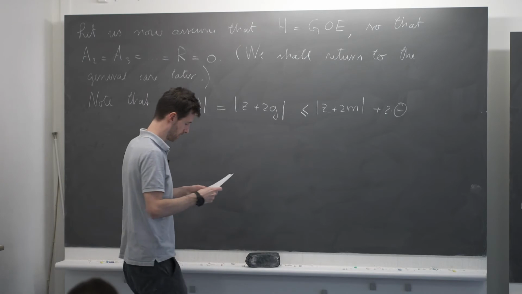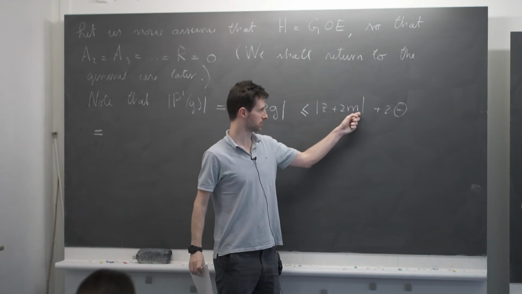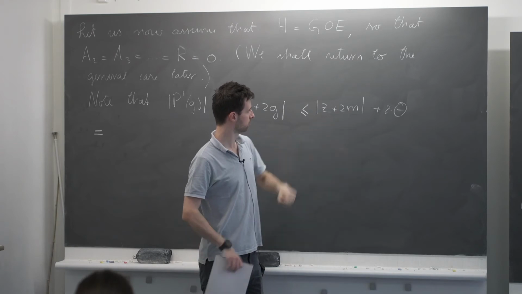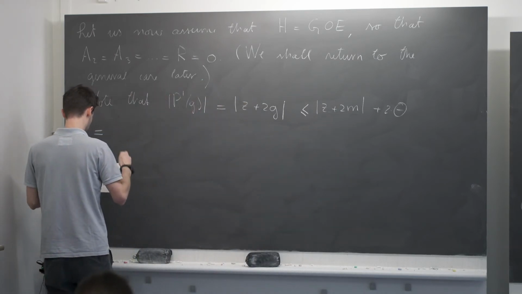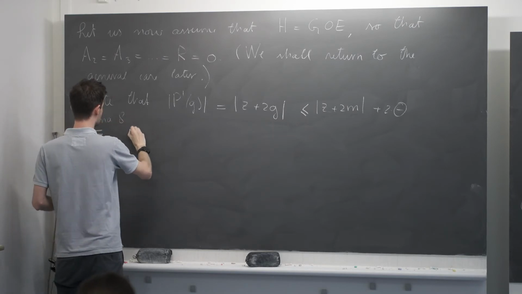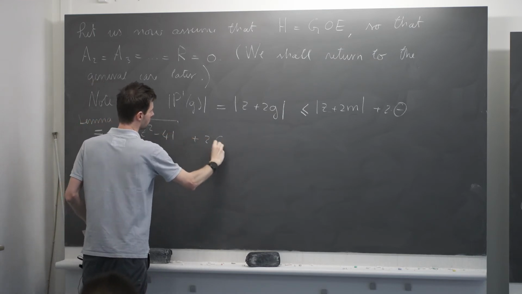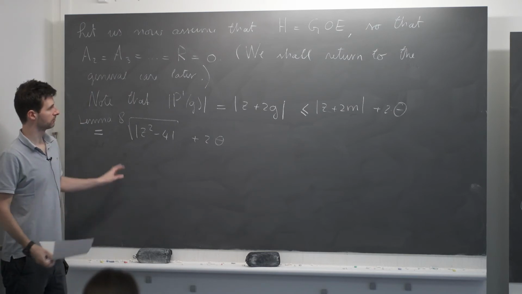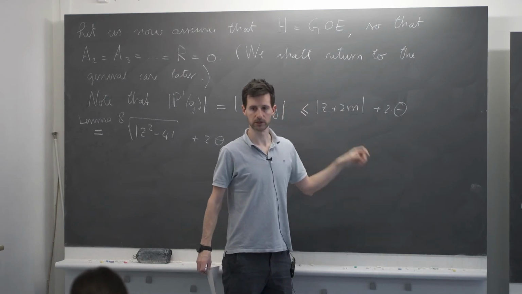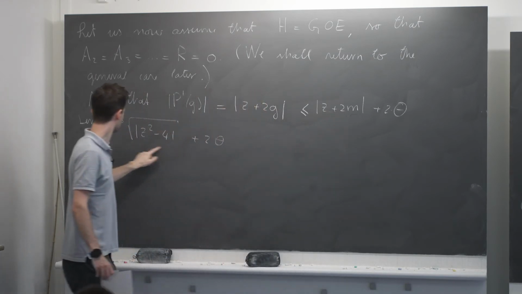And z plus 2m, if you recall this, now you can just plug in the explicit equation for m, which you get by solving this quadratic equation. And z plus 2 times m is precisely equal to, this was by lemma 8, this is equal to, right, if you recall, m was equal to minus z plus the square root, the whole thing divided by 2. If you multiply by 2, add z, this z cancels, and all that remains is this.